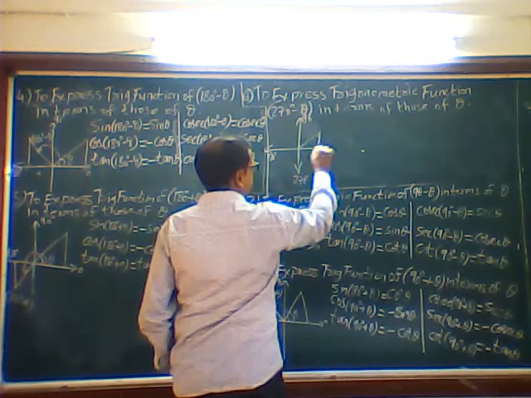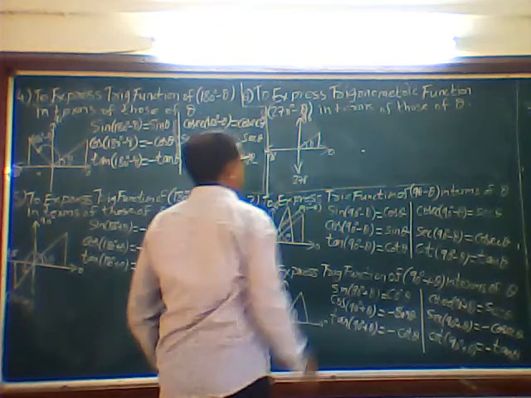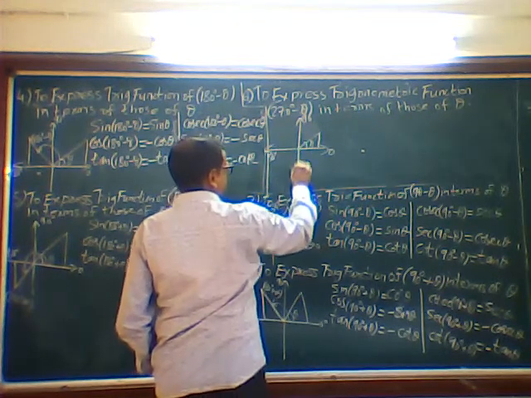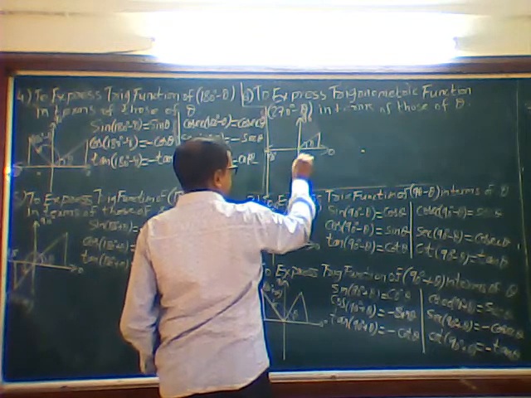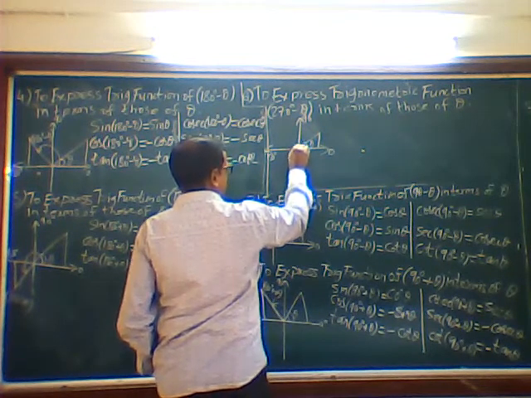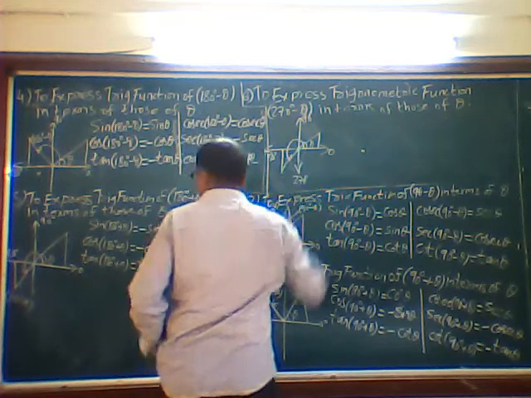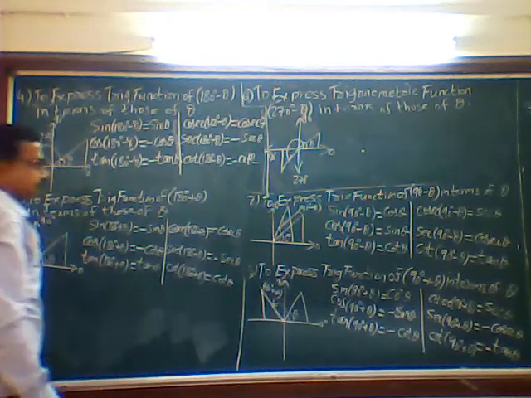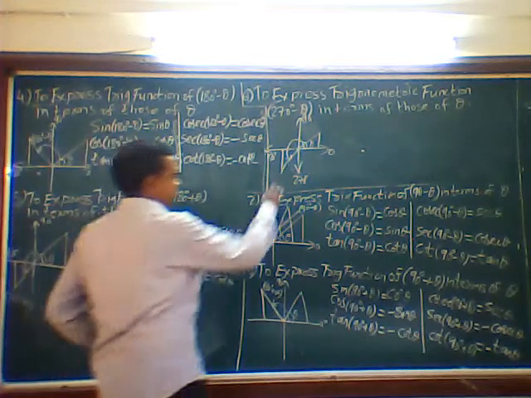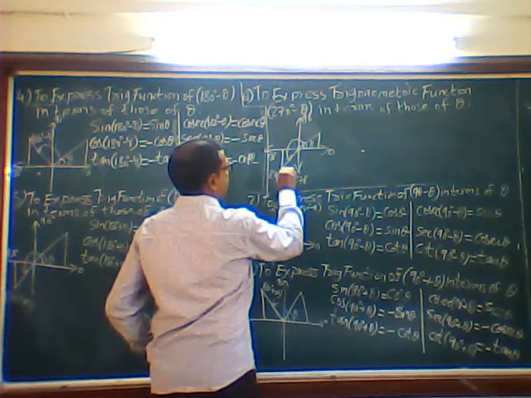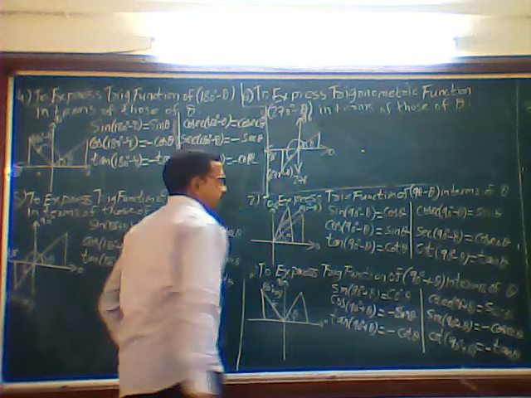This is my reference angle theta. From 0, 90, 180, 270, I will take this in minus, so I come back. It looks the same as 180 plus theta. Okay, we are in the third quadrant again. 270 minus theta, we are in the third quadrant.